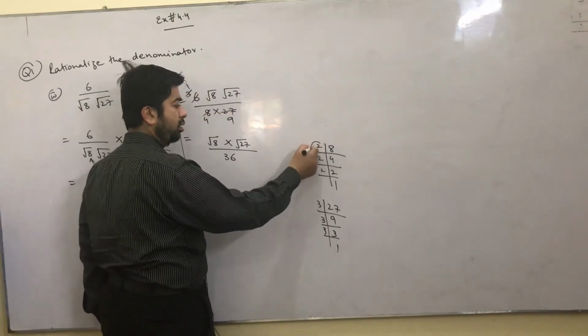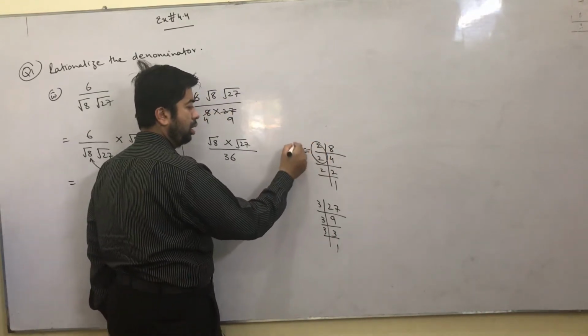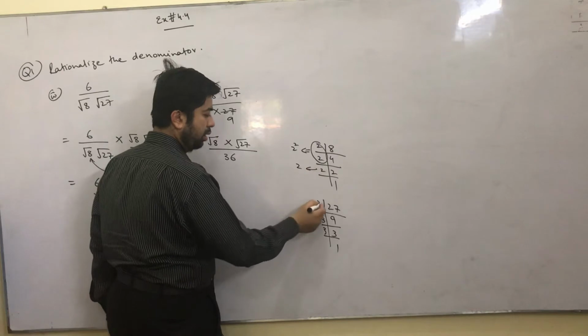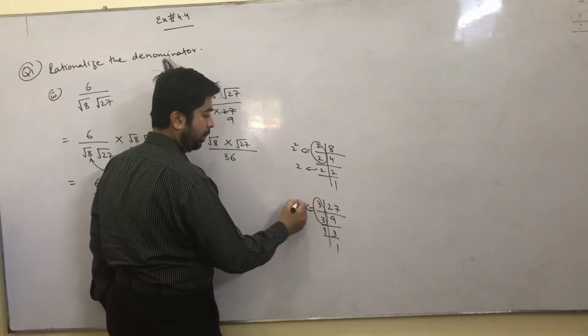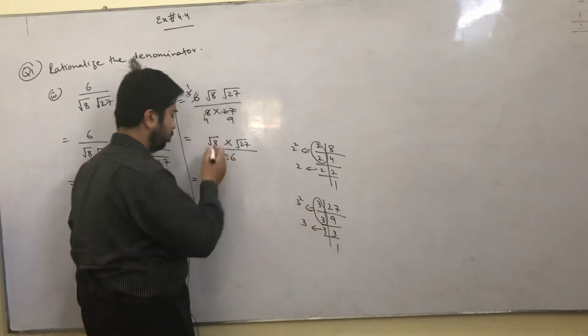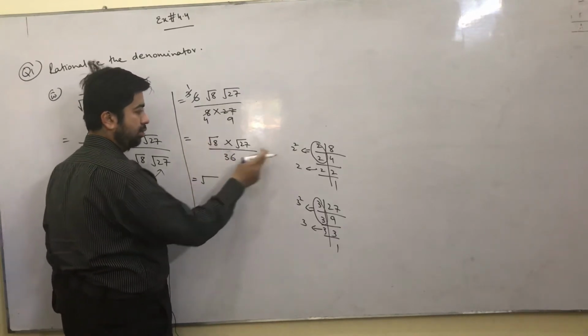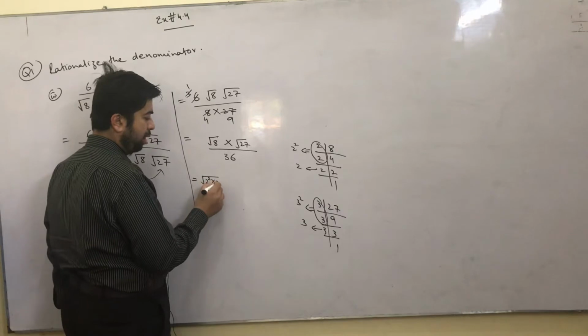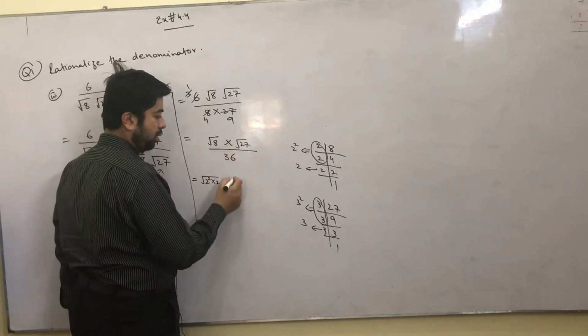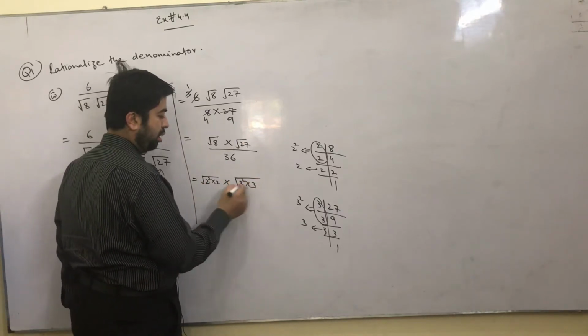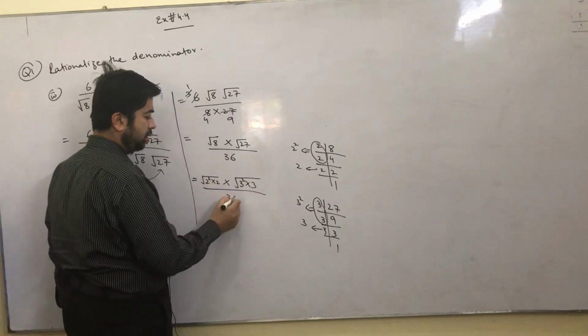You can write it as 2 square and this 2, and 3 square and this 3. Instead of square root 8, you can write 2 square multiplied by 2, and 3 square multiplied by 3, and in the denominator 36.